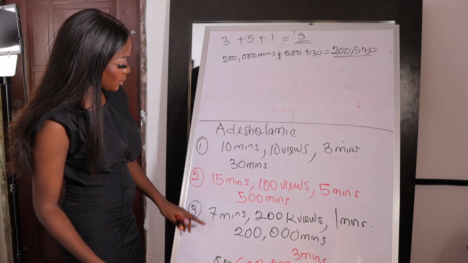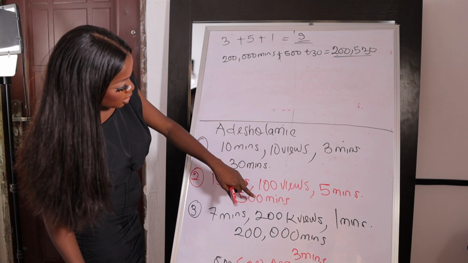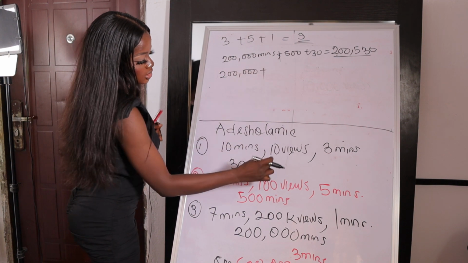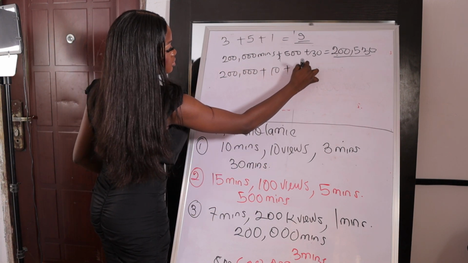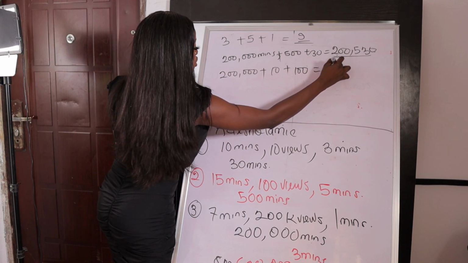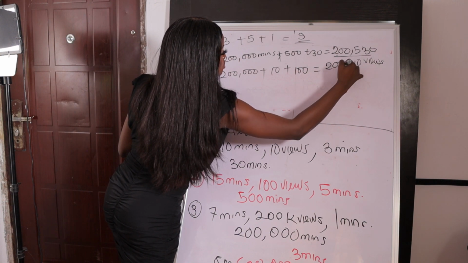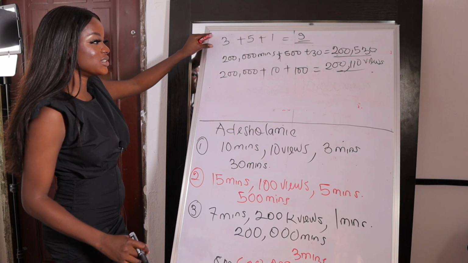Now your total views are 200,000 plus 10 plus 100. You have 200,110 views. This is your views, this is your minutes, and this is like an average retention.